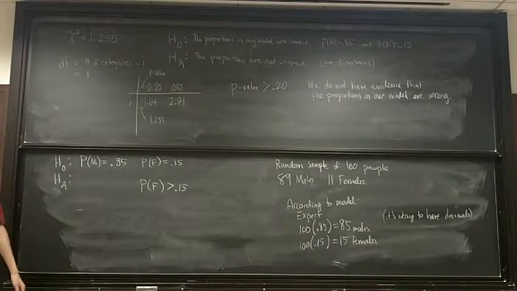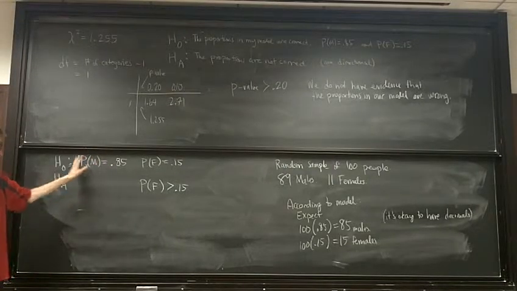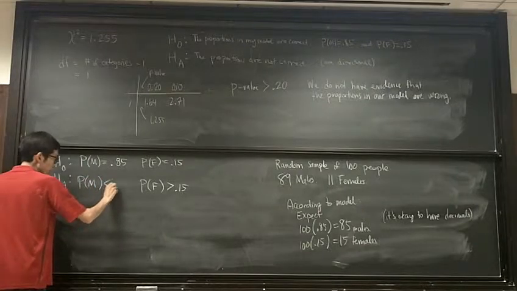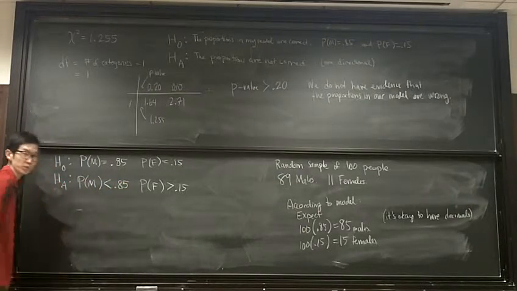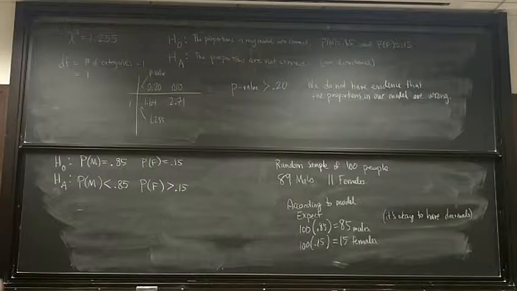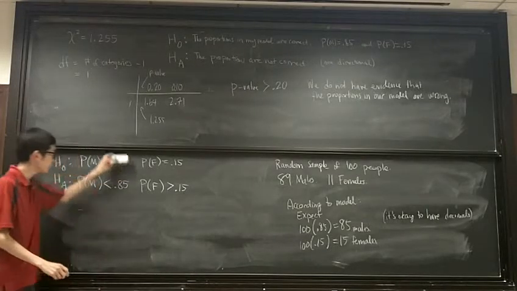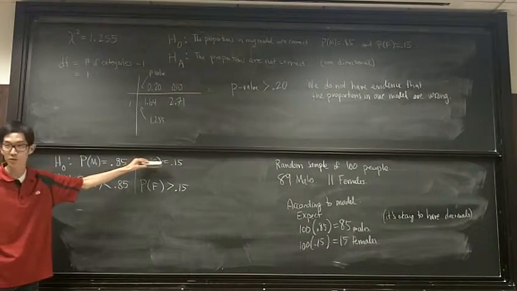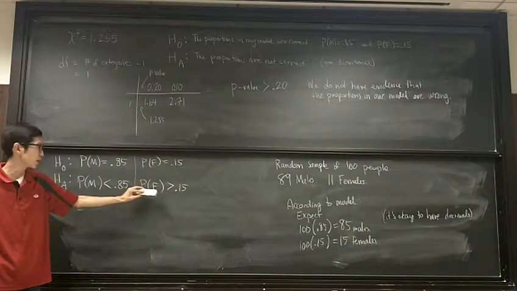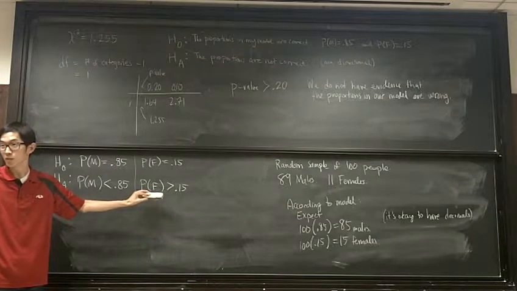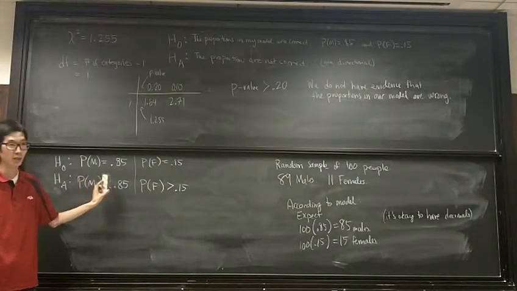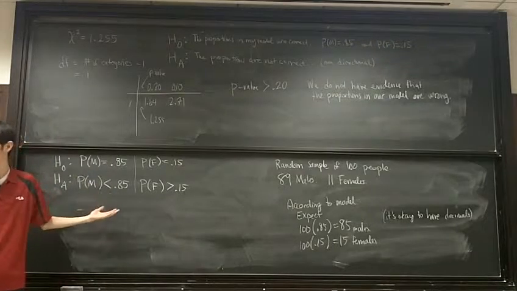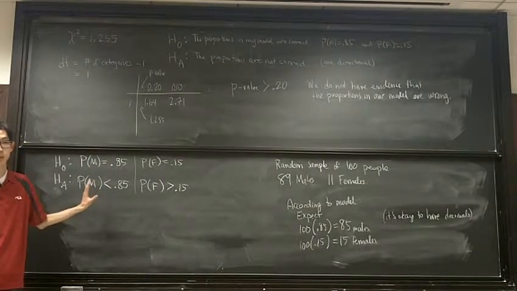And because there's only two categories, it forces this to then be less than 0.85, right? Because there's only two categories, we could even ignore this and just look at proportion female being 15% versus greater than 15%. We can ignore the other because proportion not female would have to be whatever else. And it only works for two categories.